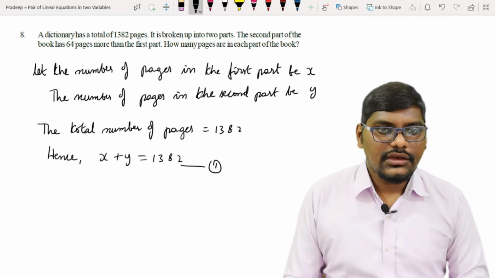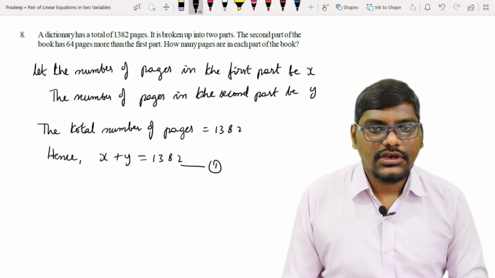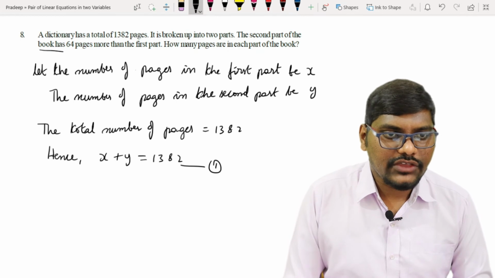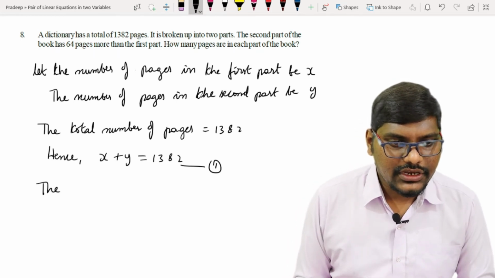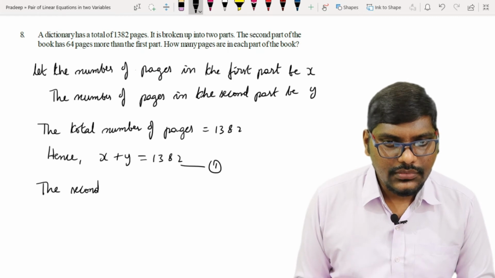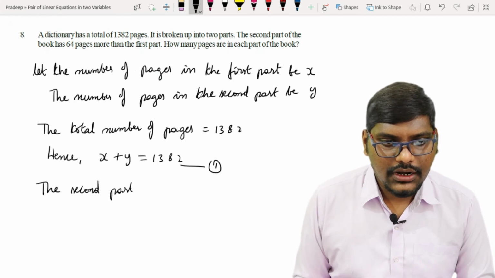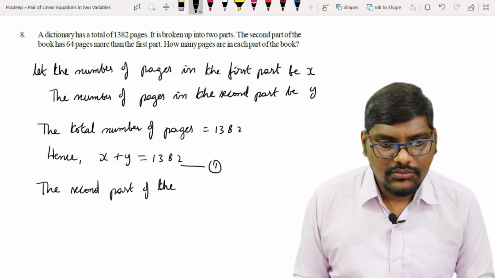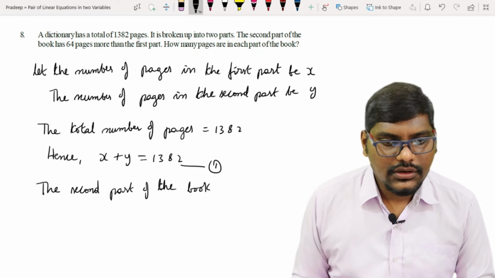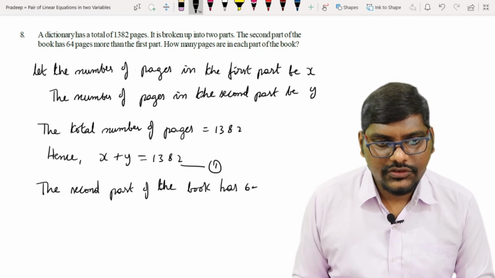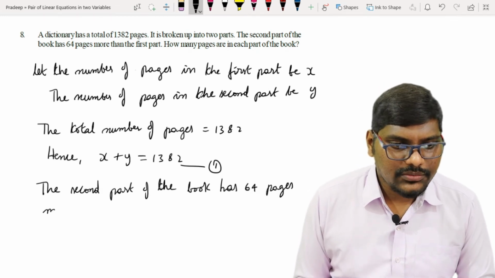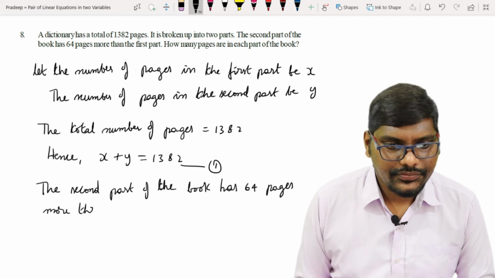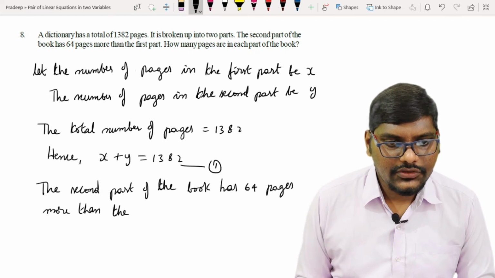So now here we'll see the second condition also. The second part of the book has 64 pages more than the first part. In such a case, we can write this.